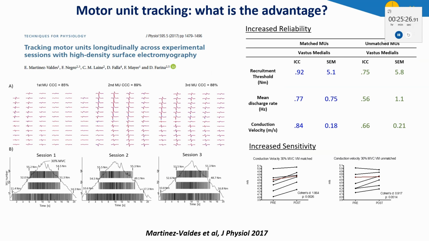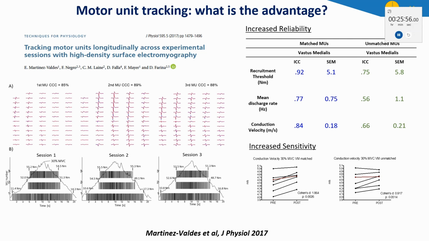By doing this method, so what's the advantage of doing this tracking? Why do we bother to do this analysis? It's because the conventional analysis to assess motor units, for example, for an intervention or across sessions was, yes, you identify your motor units and then you average, for example, their motor unit properties, such as discharge rate variability, and then you compare, okay? And you see if there were changes or not across the intervention.